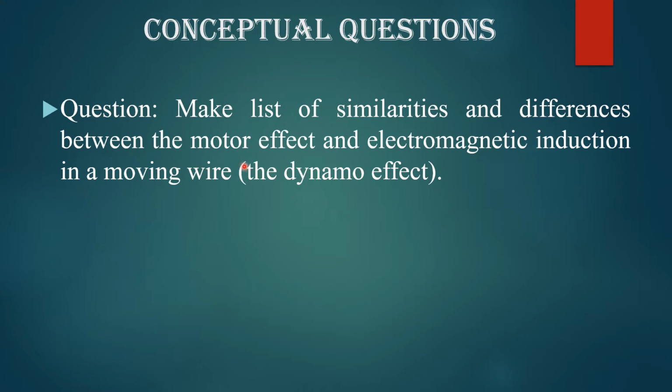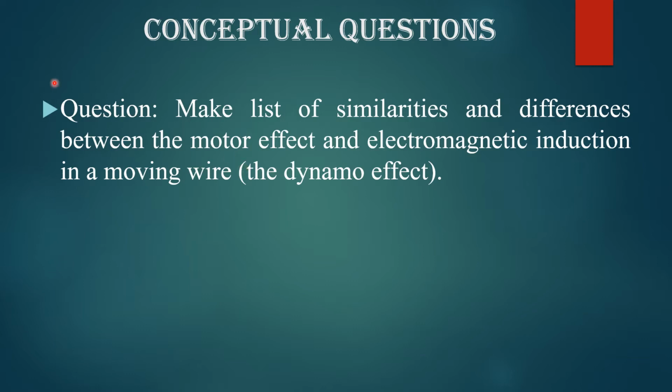When we talk about dissimilarities between the motor effect and electromagnetic induction, electromagnetic induction is used to convert mechanical energy into electrical energy, but the motor effect is used to convert electrical energy into mechanical energy.